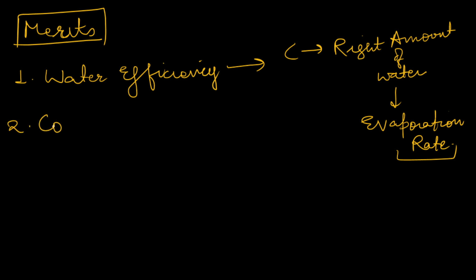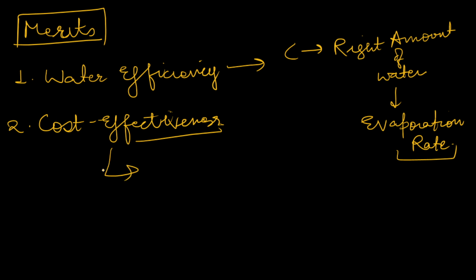It has cost effectiveness, because it optimizes the water use. And if the water use is optimized, obviously the extra cost which the farmer has to incur on irrigation will be reduced. For example, farmers use pumps.